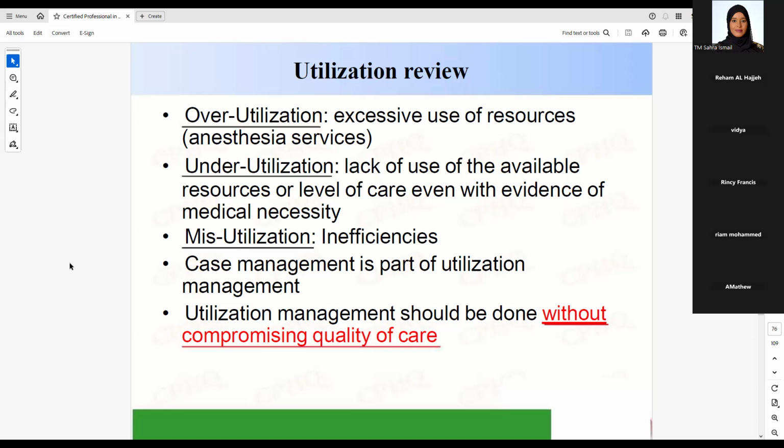Whenever we say overutilization, I'm thinking there is something that Riham should always think about. Antibiotic, I was thinking, but is it not misuse? No. So antibiotics, again, misutilization includes both. It's an inefficiency, but the reason why we monitor antibiotics is because they are mostly overutilized.